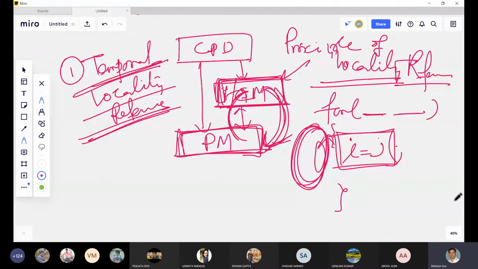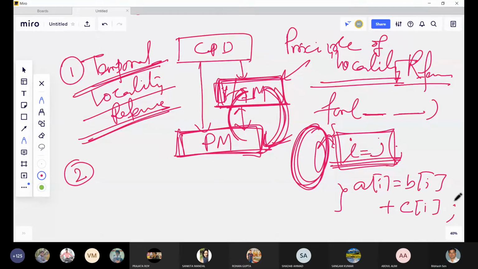So that is temporal locality reference. Second, now in the for loop, suppose A[i] equals B[i] plus C[i]. Do you get the point? After i equals 1, the next location must be 2.